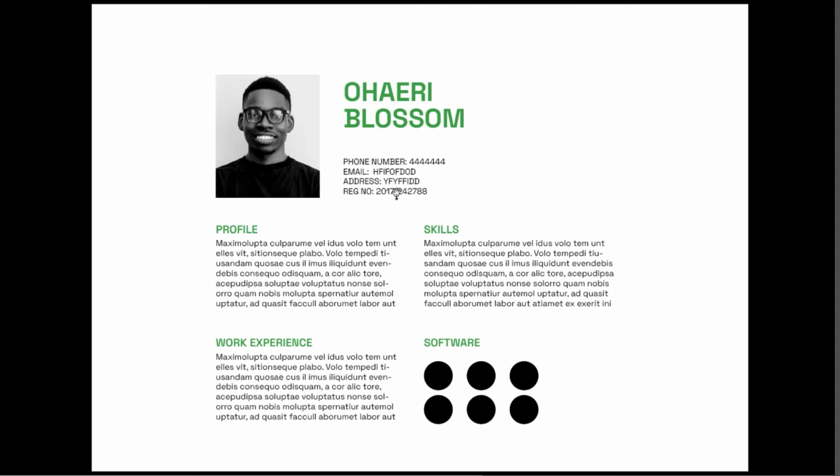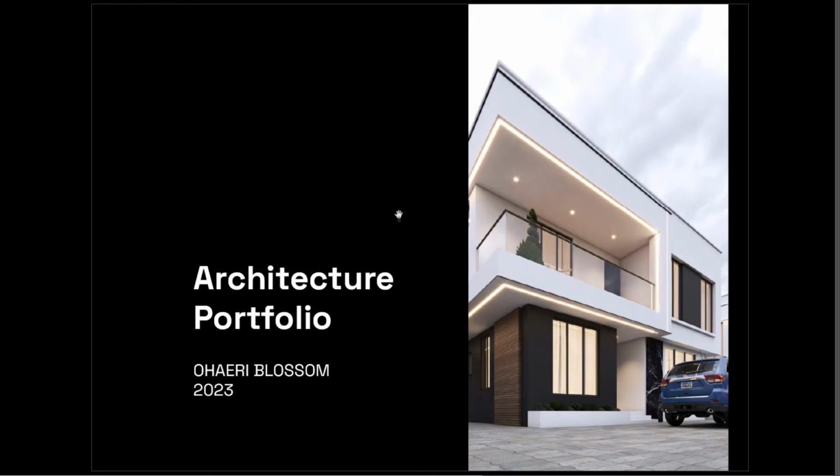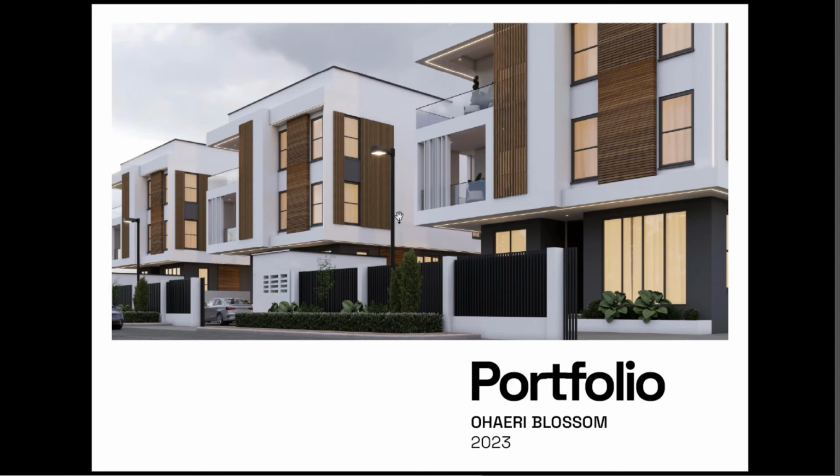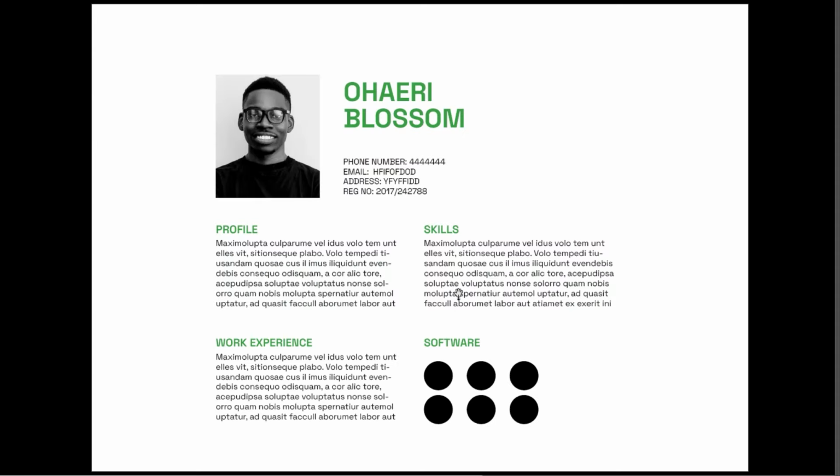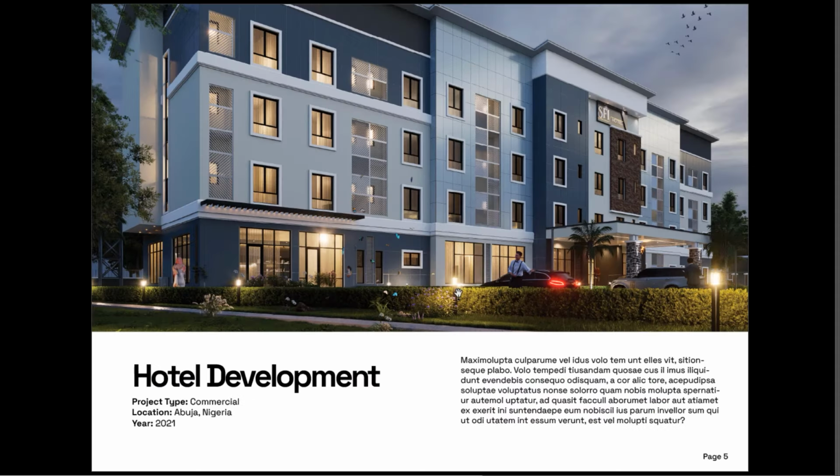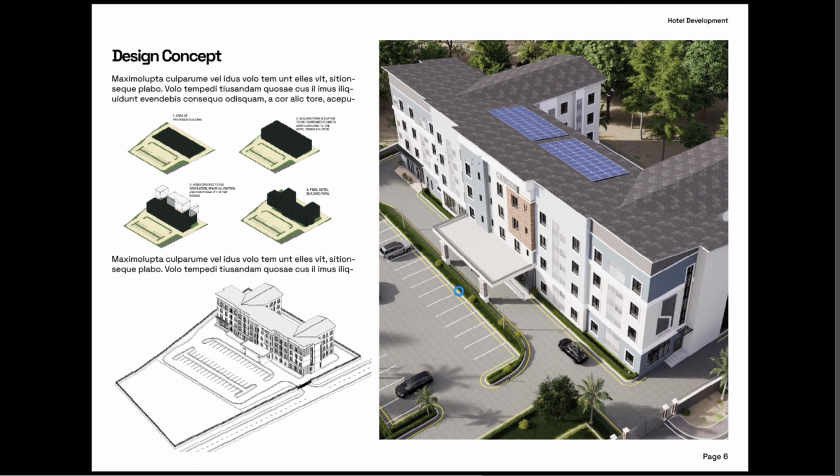Cover page, your profile page that would have all your skills and a brief about and your software work experience, then the table of contents, and then the project pages. So you see how everything played out.